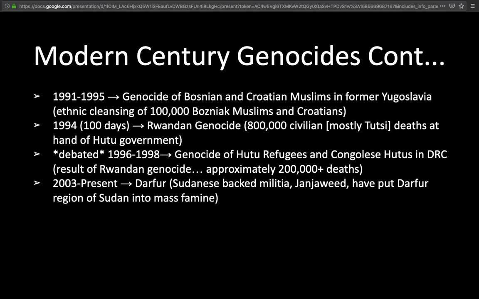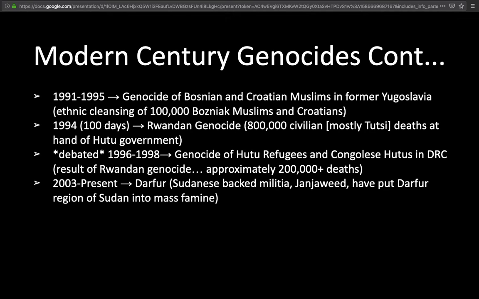And then the last two are actually ongoing genocides, and that is a new phenomenon. Darfur was the first time that they named a genocide before the end while it was still ongoing. Darfur began in 2003.